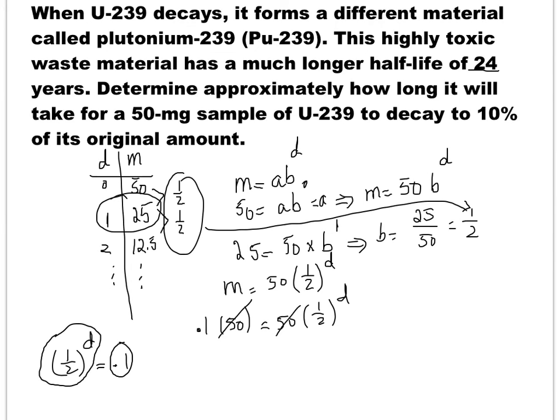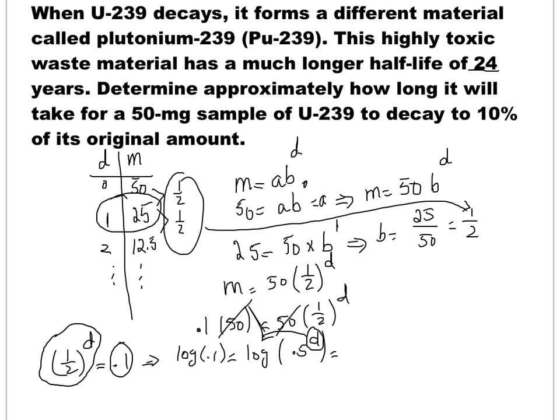So what I'm going to do is find the log of both sides. So I'm going to say log of 0.1 is log of half, which is 0.5, so I can write 0.5 exponent D. But the property of the log function is that it's going to bring the exponent down.